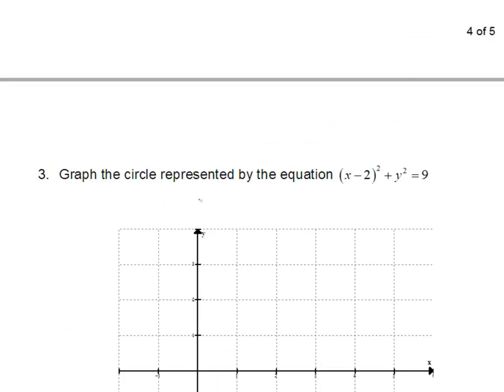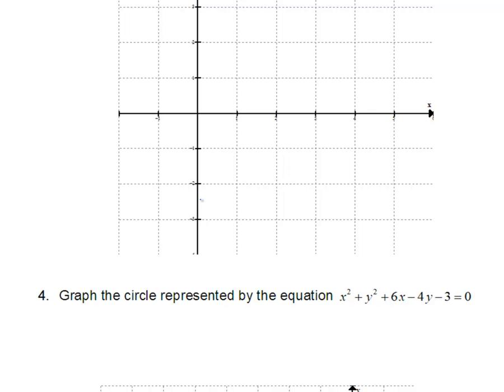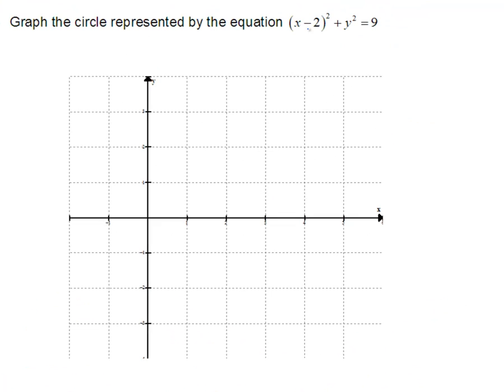If we continue then, we're going to look at graphing the circle given by this equation, and we can just read right from it what the information is. h and k is the center, so the center is 2 for h, and for k there's nothing, so 0. So 2, 0 is the center. The radius squared is over here, so that's equal to 9, which means the radius is 3.